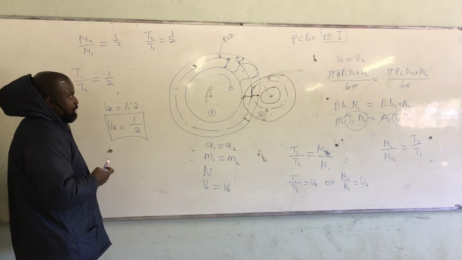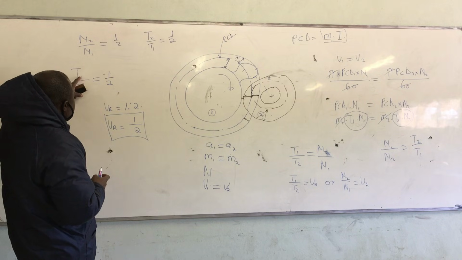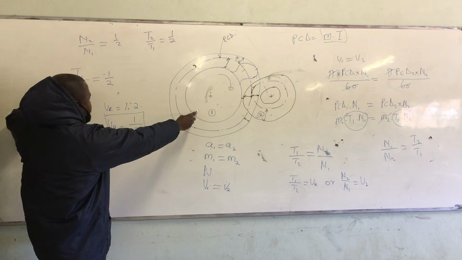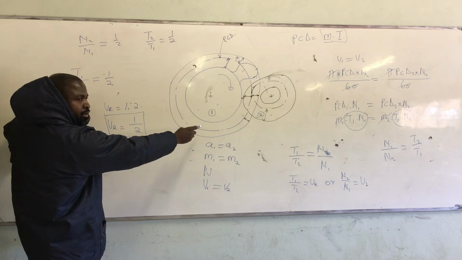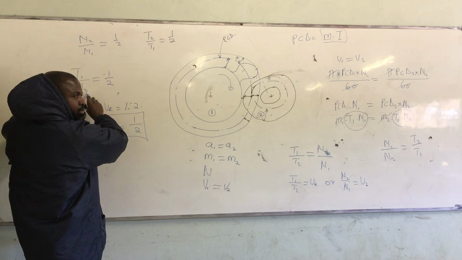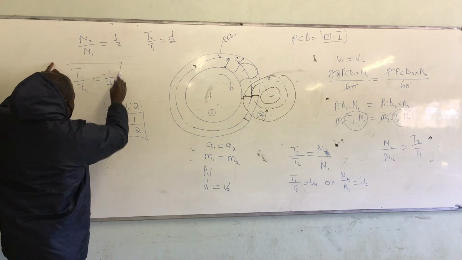You understand? So, which one has more teeth here? The big one, which is gear 1. And this one is small, which is gear 2, T2. So, is this ratio correct or incorrect?